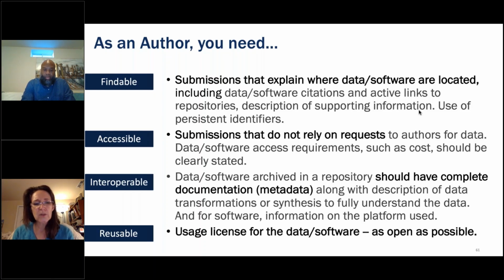That's important because science builds upon science. And if you've created some really important data, we want you to get credit for that. So it needs to have a recommended citation and a license that allows for people to access and reuse and give you credit as well, and similarly for software.